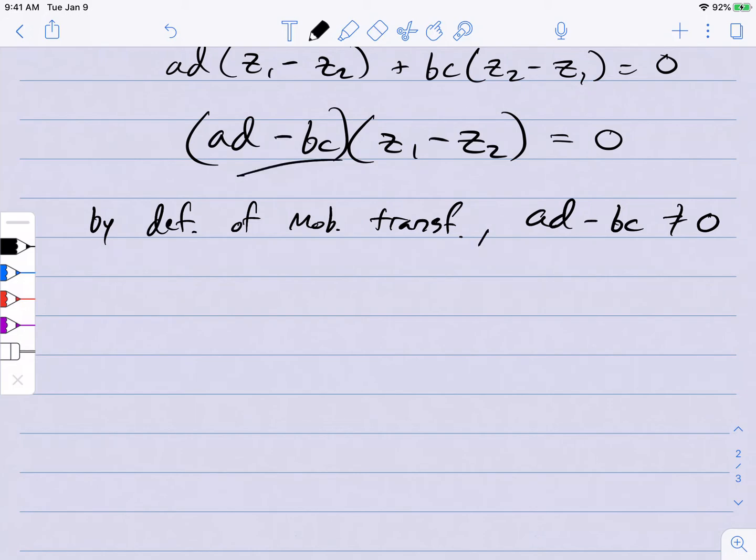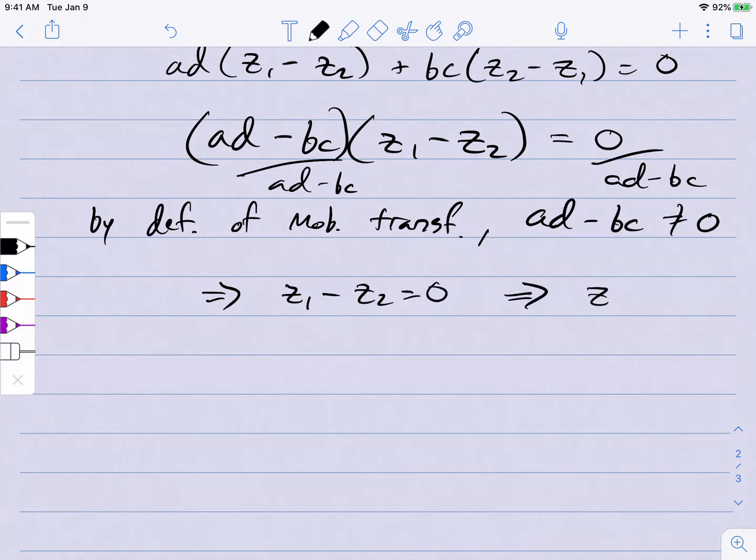So if I divide both sides by a d minus b c, which I can do because it's not 0, what I get is z1 minus z2 equals 0, which implies that z1 equals z2. Okay, and so that's the proof.